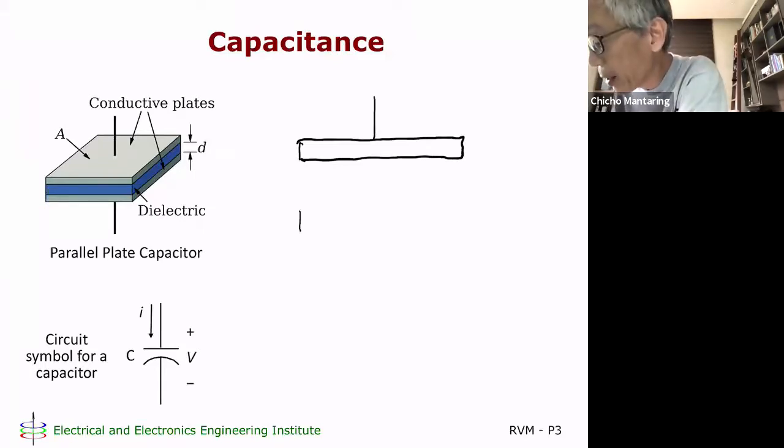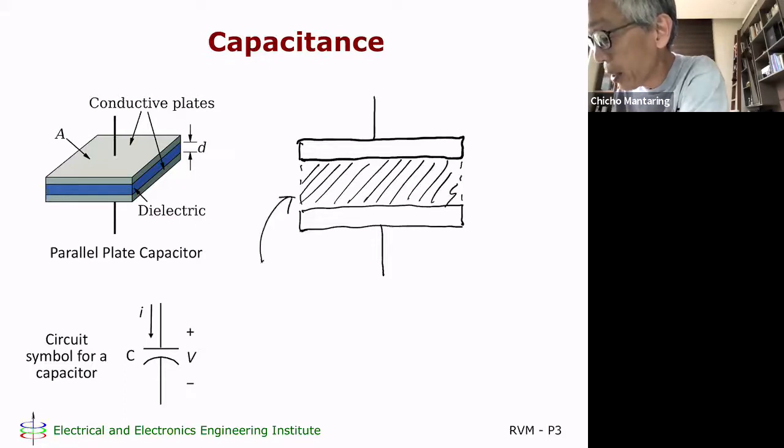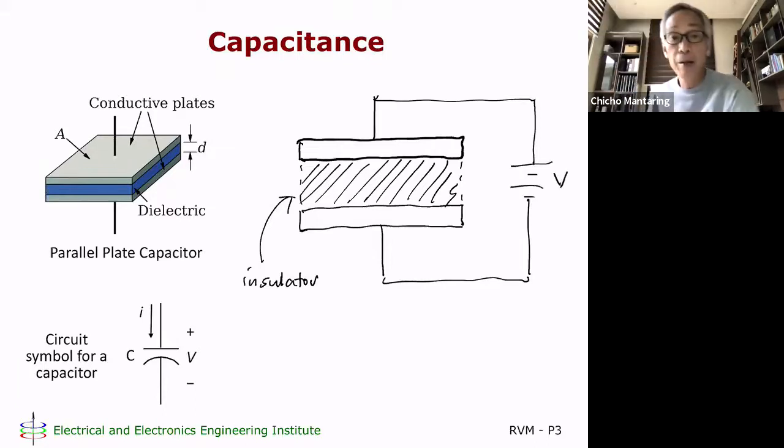That's one plate, this is another plate, and then this is my dielectric. So this is my insulator. What happens if I apply a voltage across my capacitor? Let's say this voltage is V. This is an insulator.